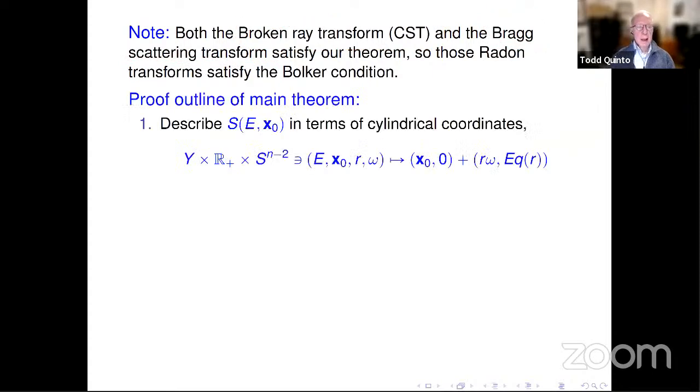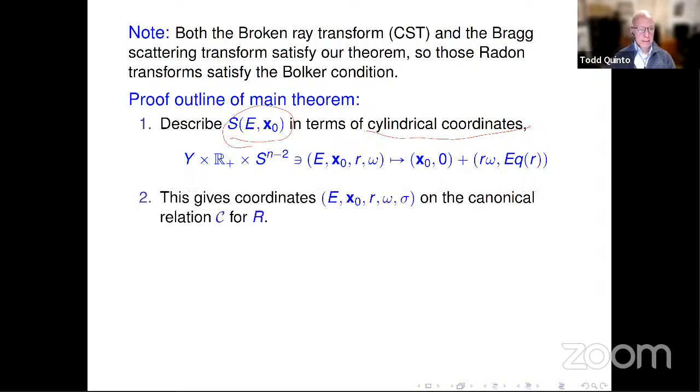Okay, good. And the proof outline, let's see. I think I can give you the basics. You describe our surface in terms of spherical coordinates because it's a surface of rotation, so it's natural to do that.